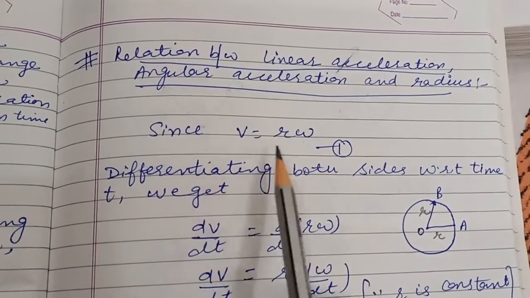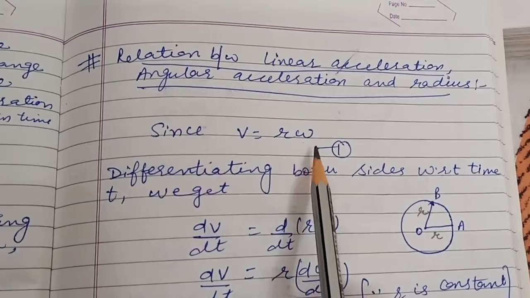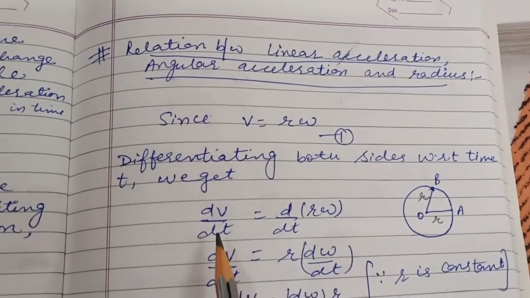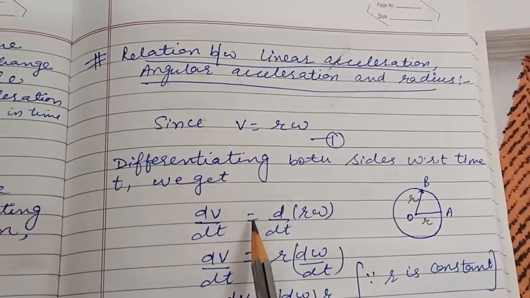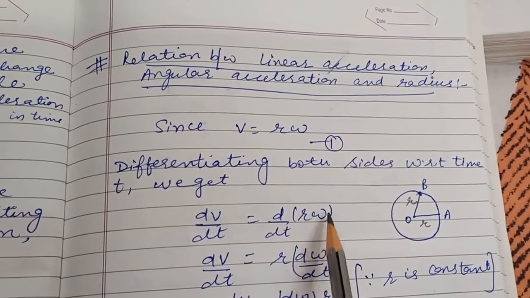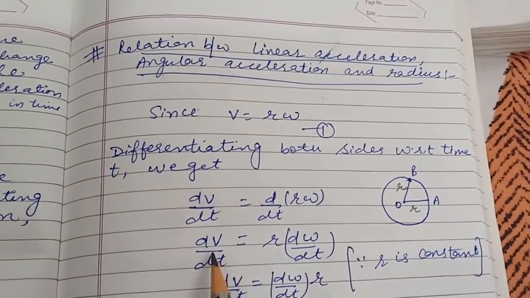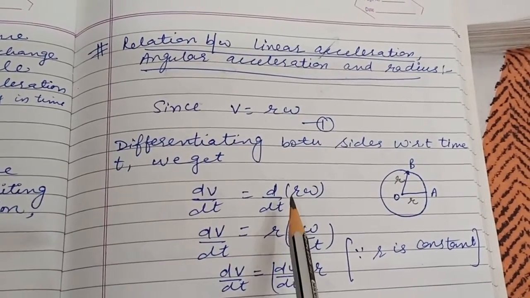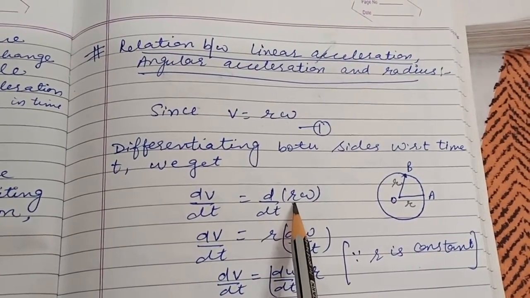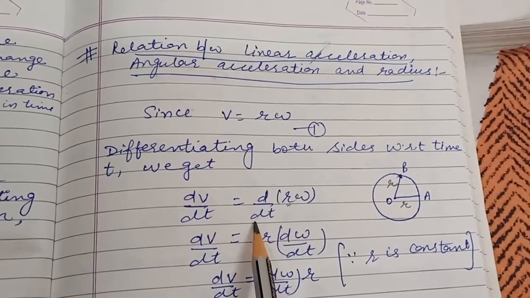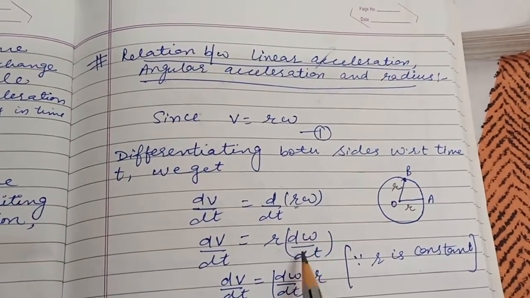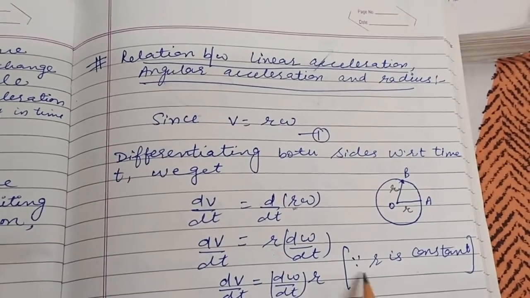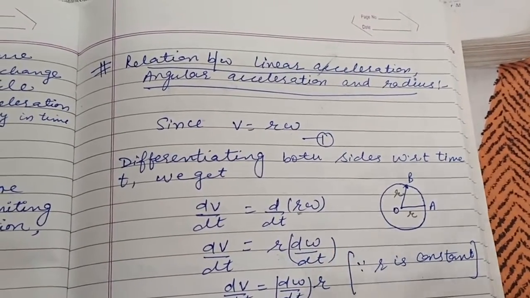So differentiating both sides of equation number 1 with respect to time, what do we get? dv upon dt is equal to d(r omega) upon dt. So dv upon dt is equal to, take r outside of this differentiation, r within bracket d omega upon dt, because r is a constant.